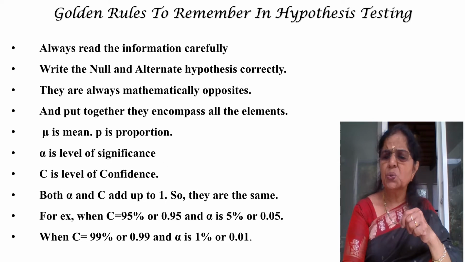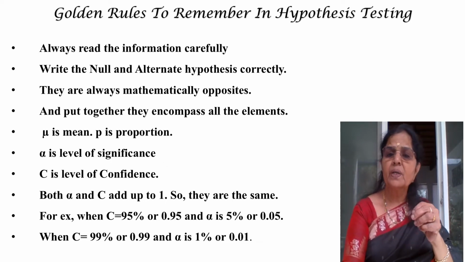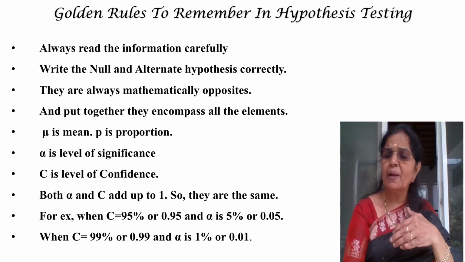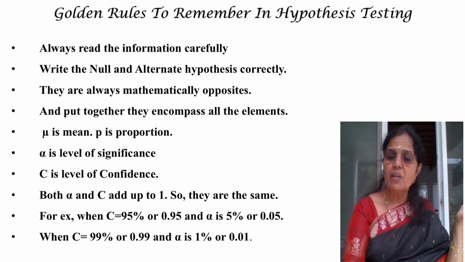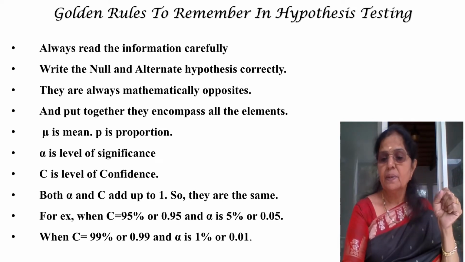So usually we use these two levels of significance, that is alpha level 0.01 or 0.05. But sometimes if the situation warrants, the researcher may have a higher or lower level of significance, which we will see in the example.